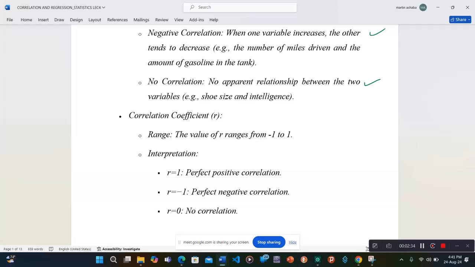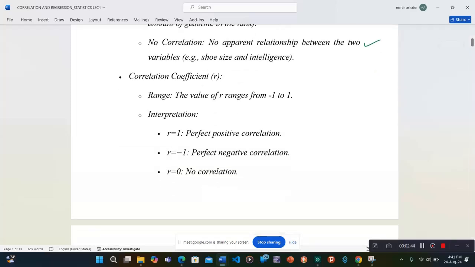An example can be shoe size and intelligence. Someone can have a big shoe size but be more intelligent, or they may be less intelligent. You cannot establish a relationship between the size of the shoe and intelligence.